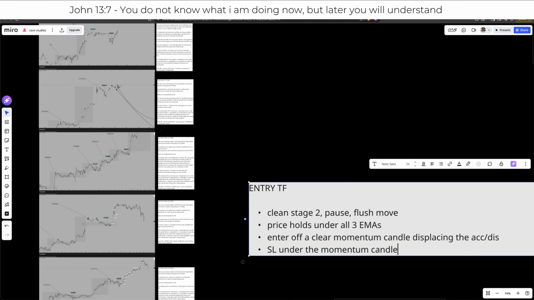Stop loss under the momentum candle. Okay, that's it. That's the entry.